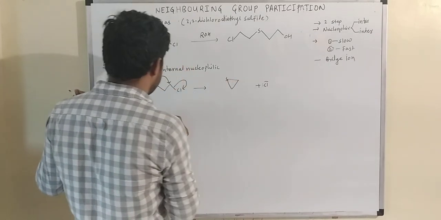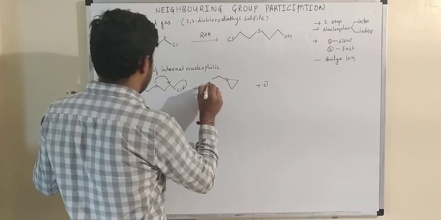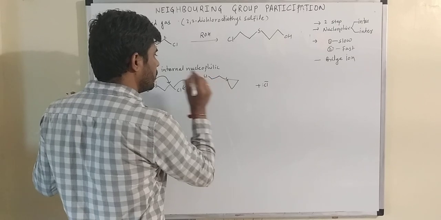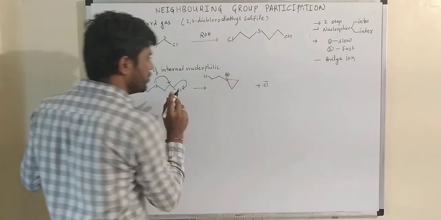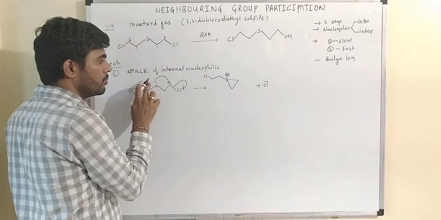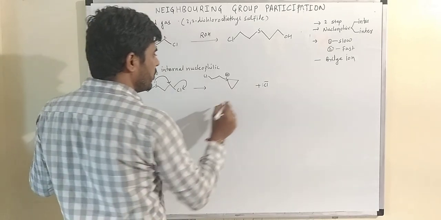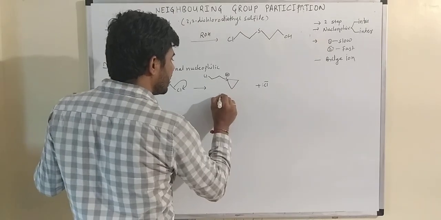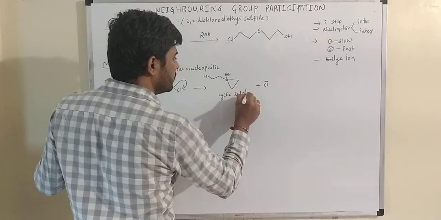So we can write it like that. This is sulfur, and this is part of that sulfur, and sulfur is a positively charged species. Why is it a positively charged species? Because sulfur is going to be a donor, and any kind of donor has a positive charge. So this is the formation of a cyclic sulfonium ion.